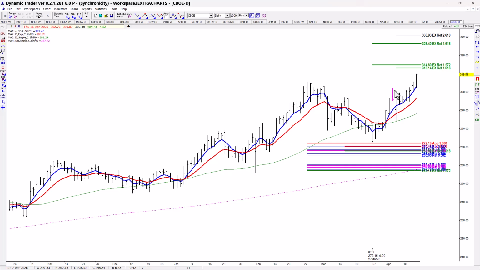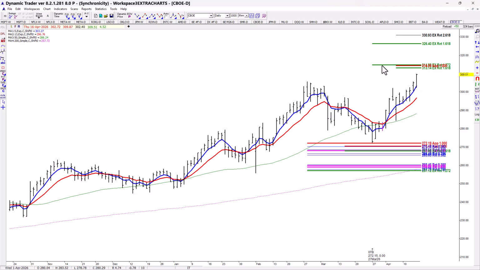That's the 1618 extension of this high to low. And one other thing that I'll look at would be I'm going to measure these two swings, compare them, high to low, projected from the low. And you can see that we have a really important decision coming in above the market at 313.14 to 314.80.